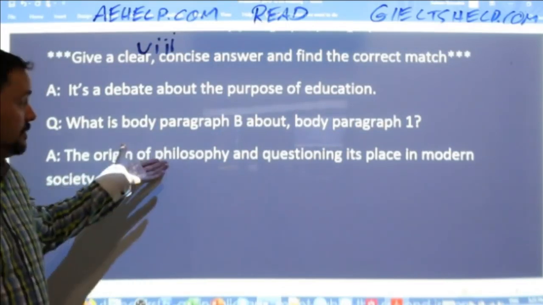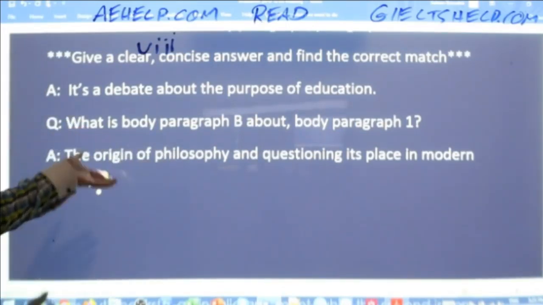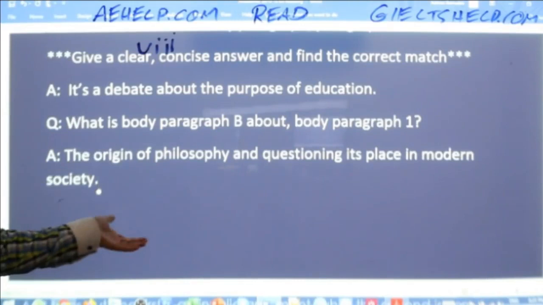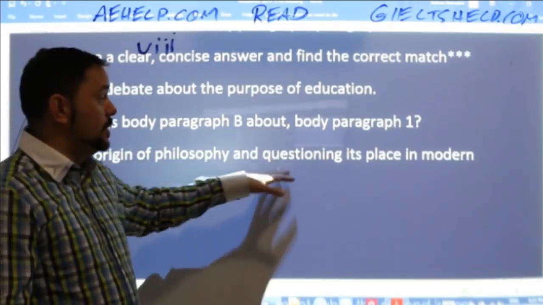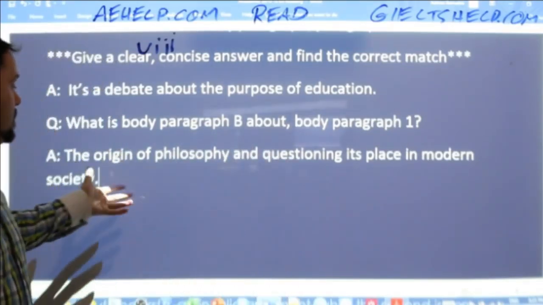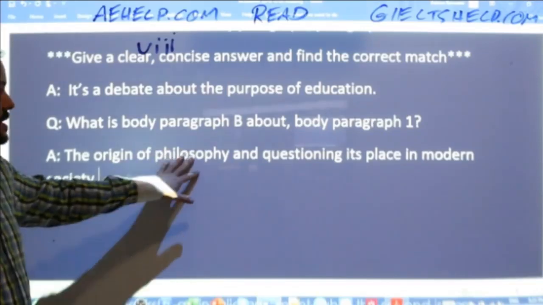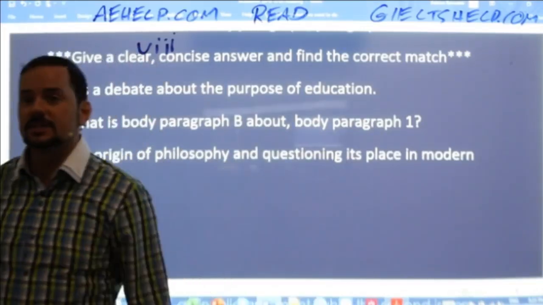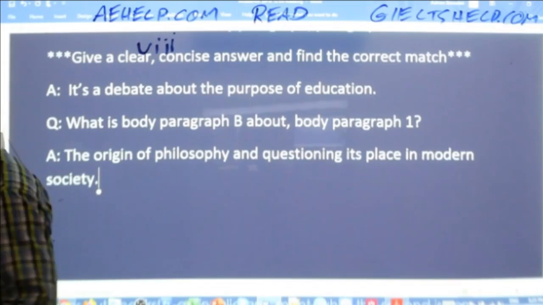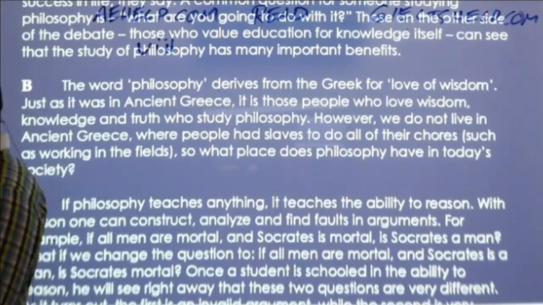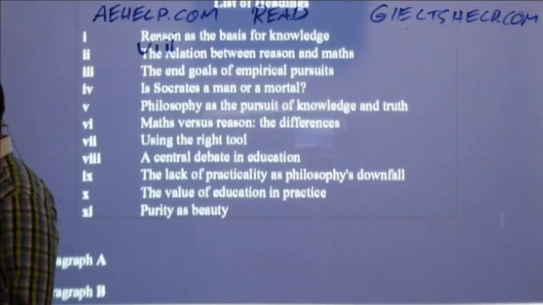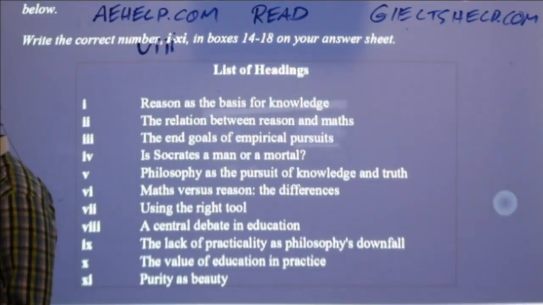So it's the origin of philosophy. It says that it's from Greece, it means love of wisdom, and it's asking, but what place does it have today? So very clearly, it's the origin of philosophy and questioning its place in today's world. Good. Okay, let's see which of these choices is the closest match.